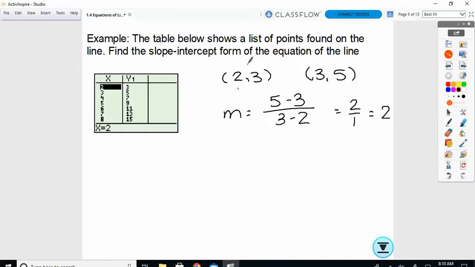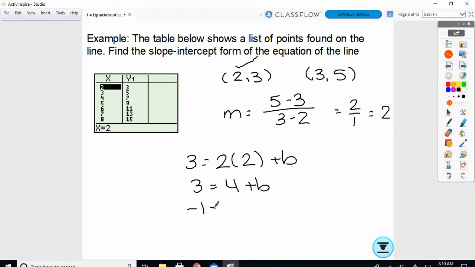Then take one of my points and plug into y equals mx plus b, or the point slope formula. So my y here is 3 equals 2 times the x, which was 2, plus b. Subtract your 4, so the y-intercept is negative 1. So our equation is y equals 2x minus 1.